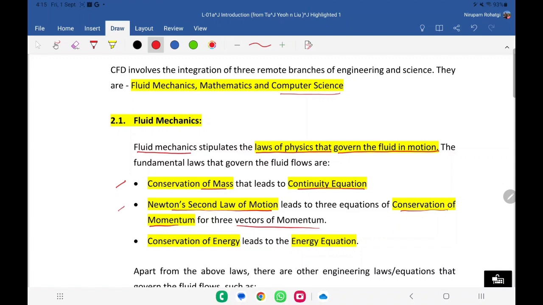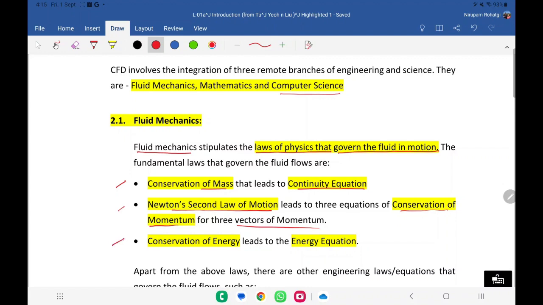Now here we must remember one thing, that we are talking about classical mechanics, in which the velocities are not high, right? So to the extent we want the details, Newton's laws are sufficient for us. Otherwise, you know that at high speed Newton's laws are not valid. You have to go for Einstein's relativity. But because we are dealing with day-to-day motion, or we can say classical mechanics, we can use these laws.